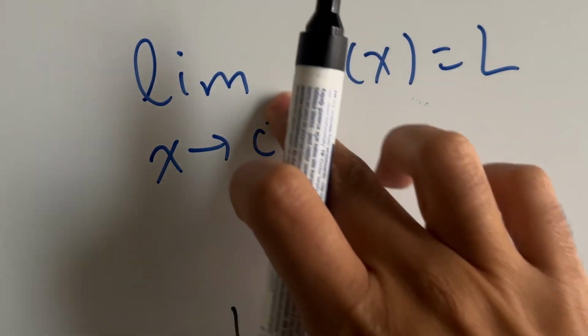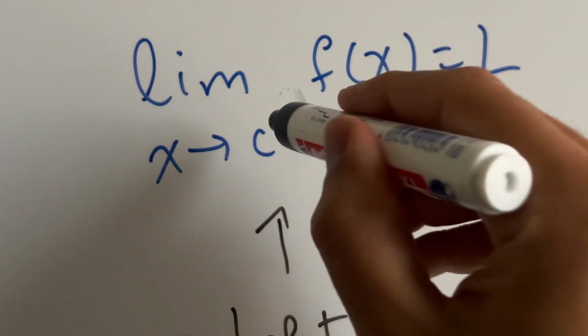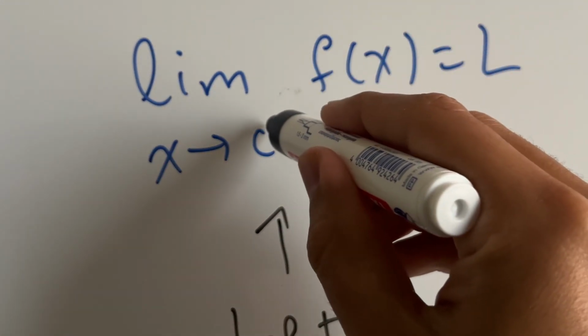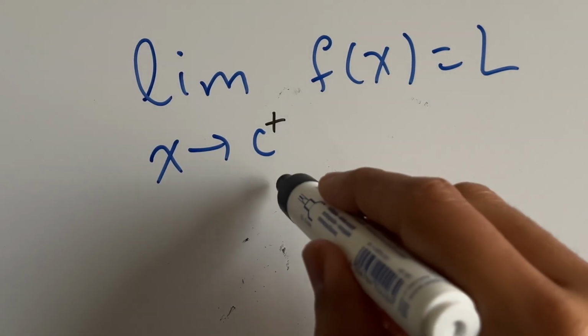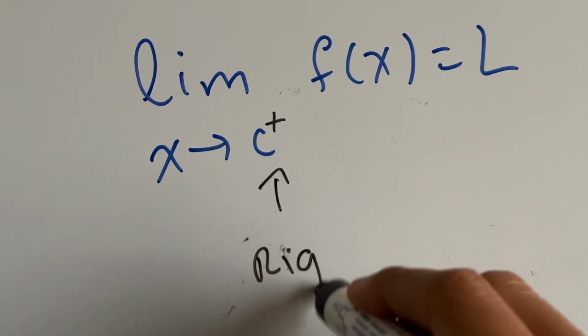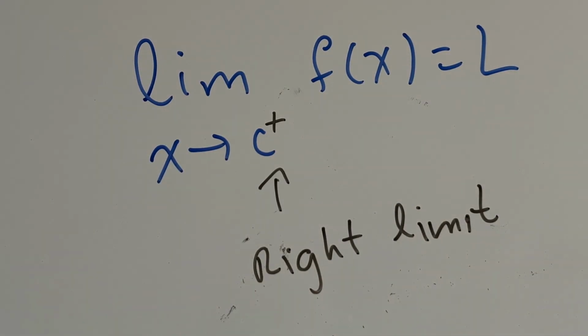If I want to consider the right limit, that is approaching from the positive side of x, above c, then that is called the right limit. Left limit and right limit may exist, may not exist, may both exist but be different. But if they exist and coincide, then we say that the function is continuous.